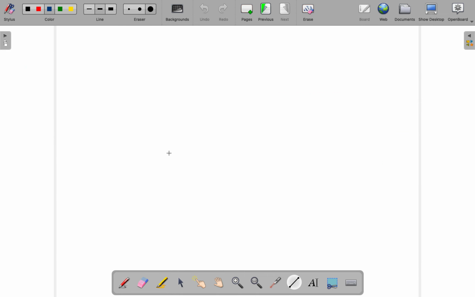Let's consider the first problem. Let's consider this beam. It is a fixed beam.